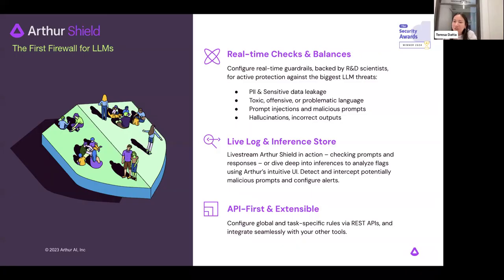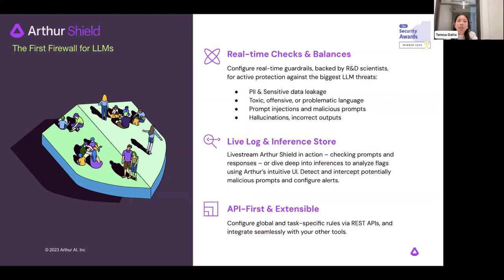You can reach out to the Arthur email on our follow-up discussion. And so, yes, we are API first though, and extensible, and definitely have worked with a variety of customer needs. So definitely can handle a variety of situations.